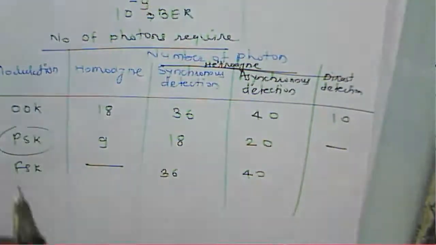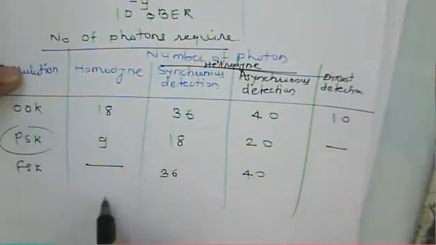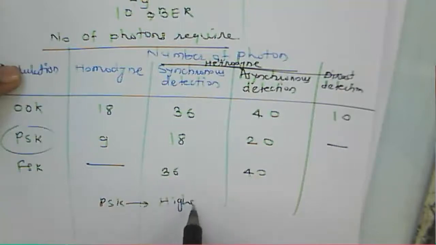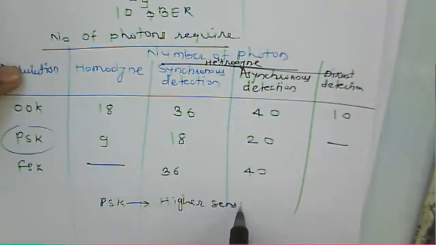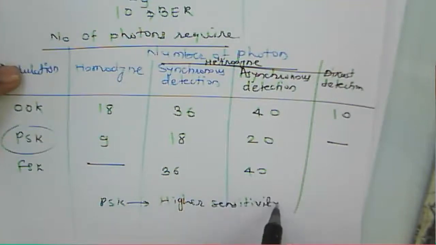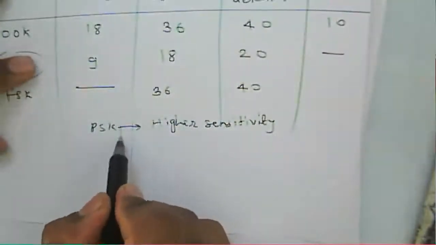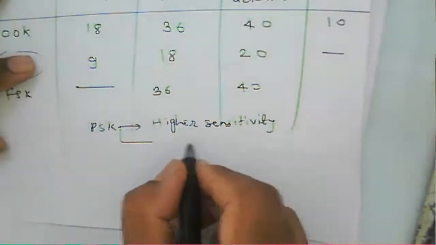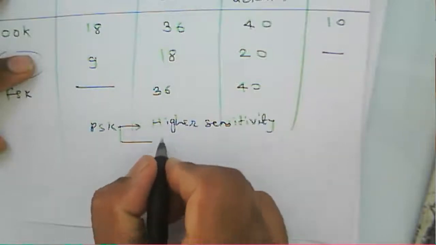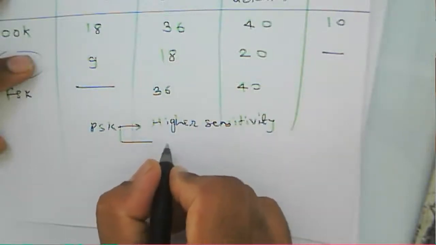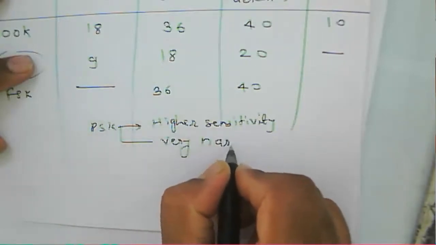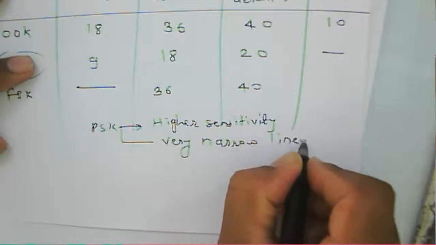You can say PSK has higher sensitivity, and it has higher sensitivity even if the sources have a very narrow linewidth.